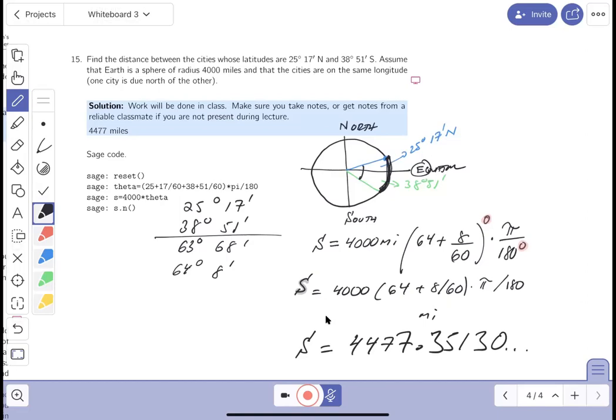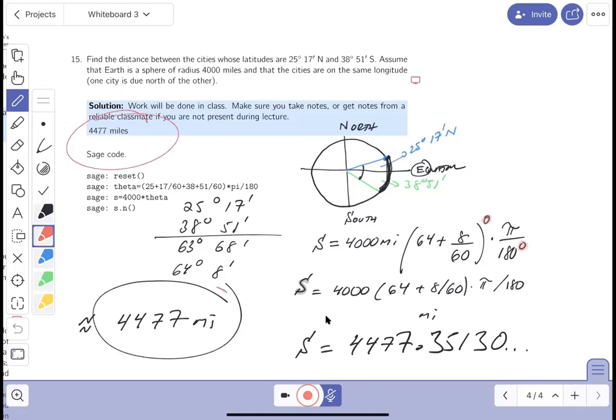Like if someone says, how far do you live from Essex College? You say, oh, I live 7.649992234. They think you're crazy. So I'm going to just round it off to the nearest integer. I'm going to say it's approximately 4,477 miles. And yes, I use a computer to do that.